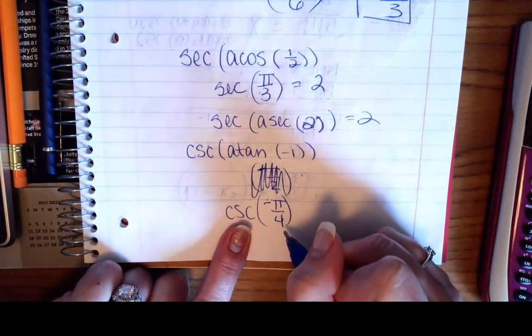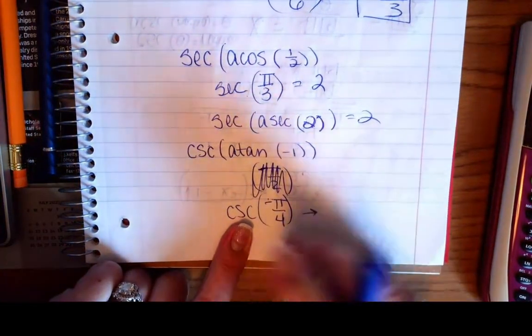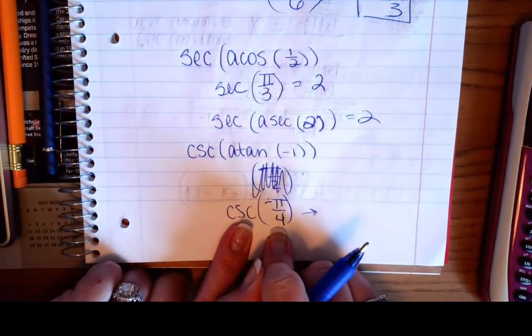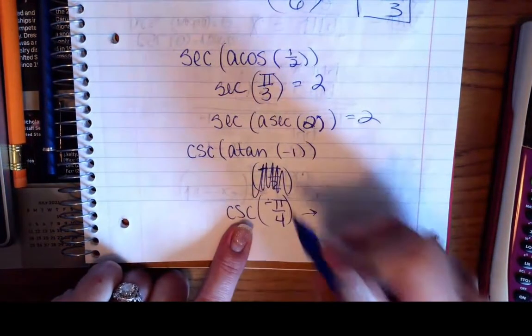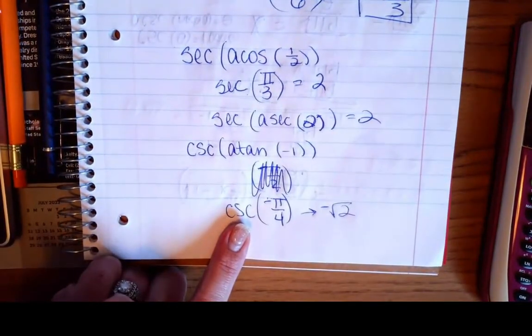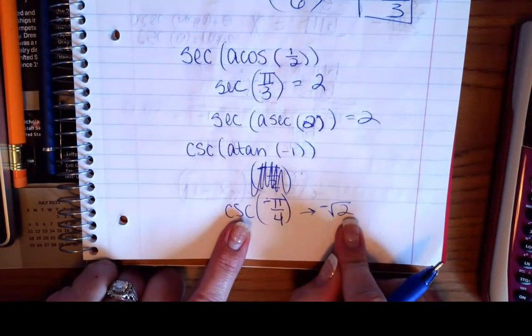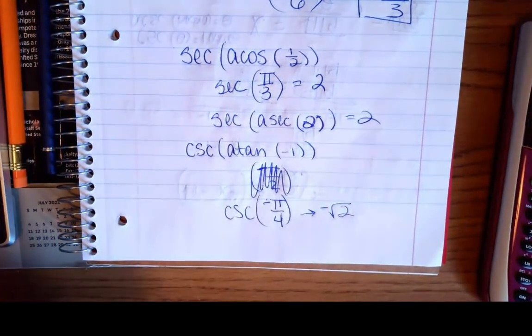Your over 4s are going to be awfully friendly. So the cosecant at -pi/4 will be negative because your y values are negative, and it's going to be -√2, because sine is √2/2, cosecant is √2. You're in quadrant 4, so it's negative.